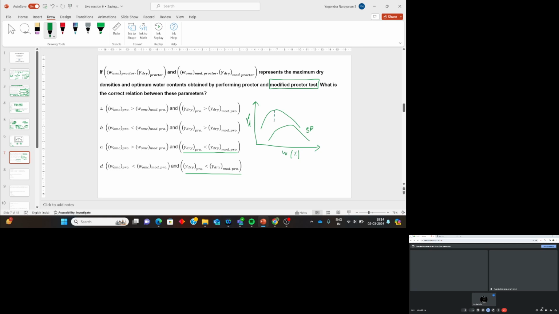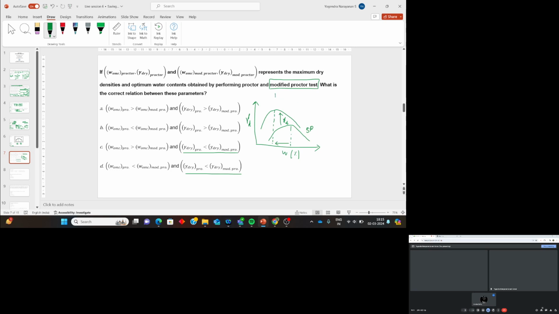So optimum moisture content will decrease and gamma d will increase.